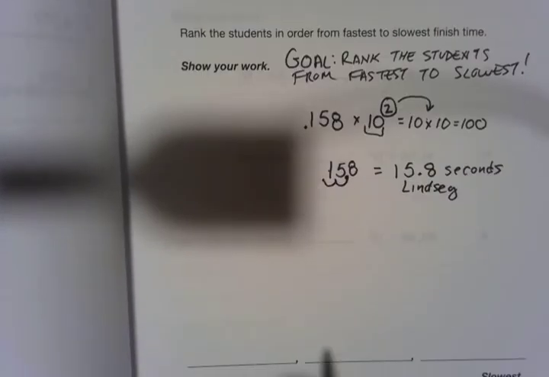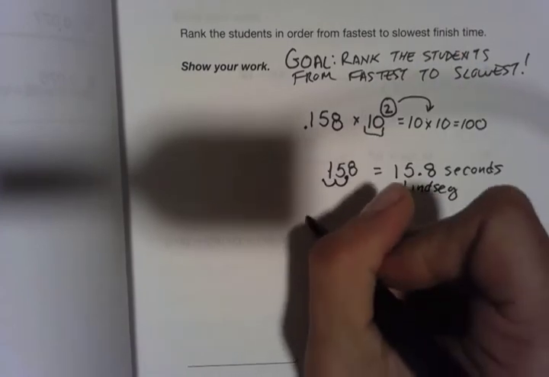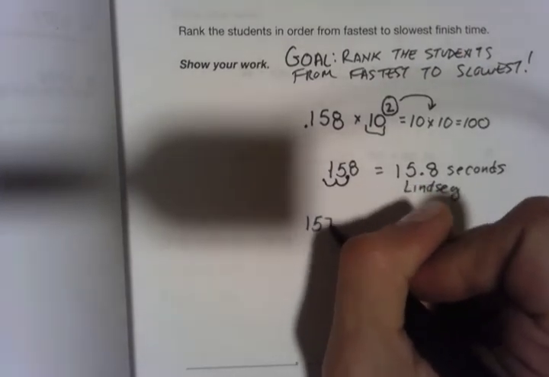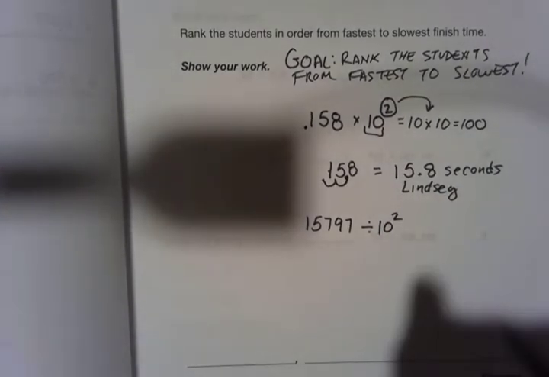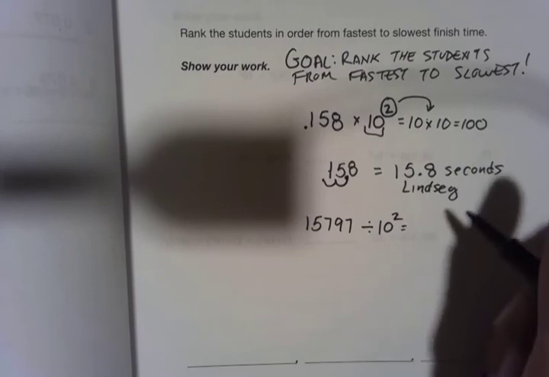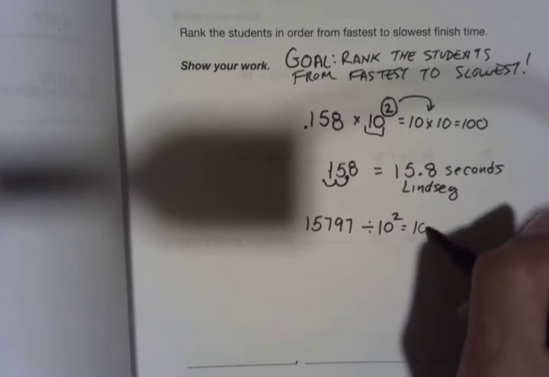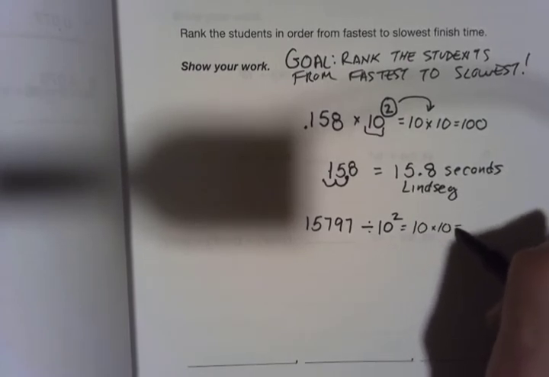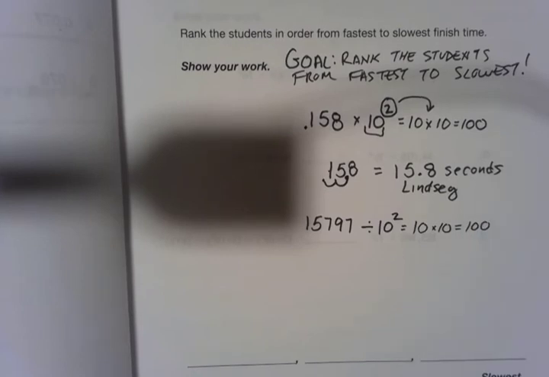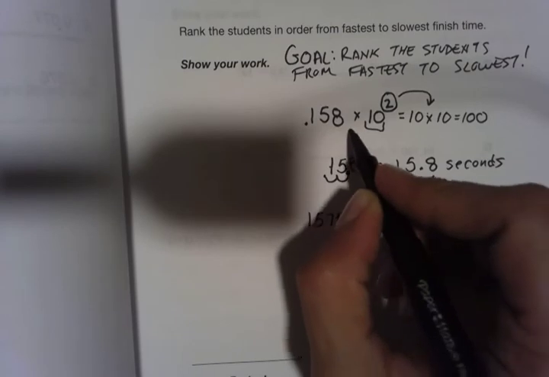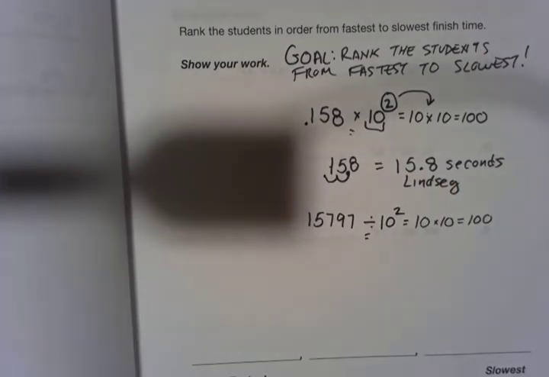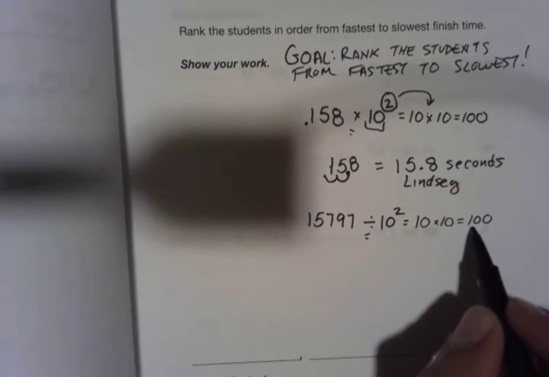Next, let me do Marion. Marion is 1579 divided by 10 to the second. And as we just discussed, that's the same as 10 times 10, which is the same as 100. Oh, but because this time we're dividing and not multiplying, our decimal point is going to move 2 times still because we're dividing by 100.